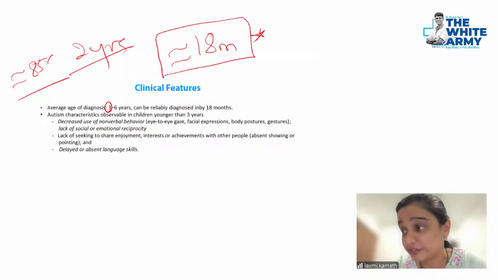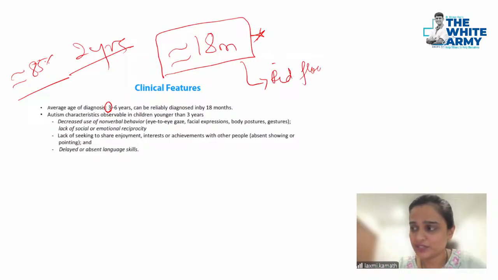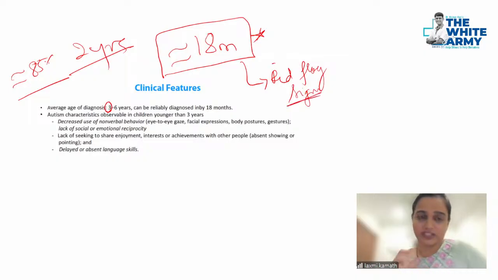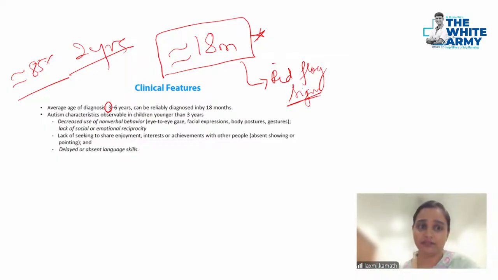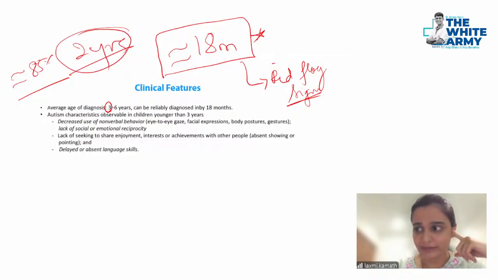That means with surety, we can tell by 18 months of age whether this child is autistic or not. That is when the importance of red flag signs comes, which we just dealt with. There is a separate set of red flag signs in autism, but if we pick them up early, we can reduce the average age of diagnosis and help in early treatment, because the earlier the treatment, the better the outcome, even in autism.